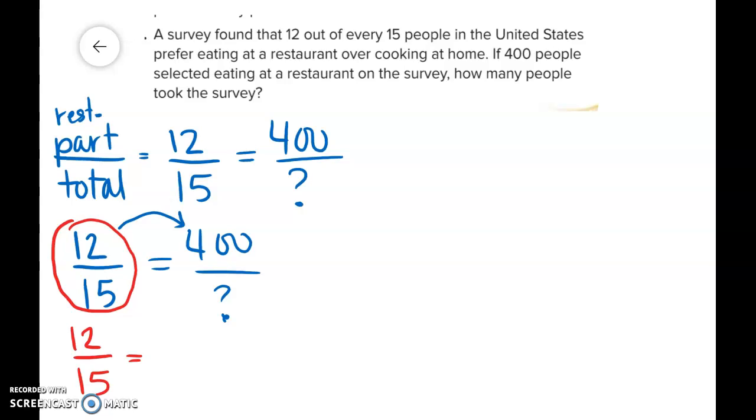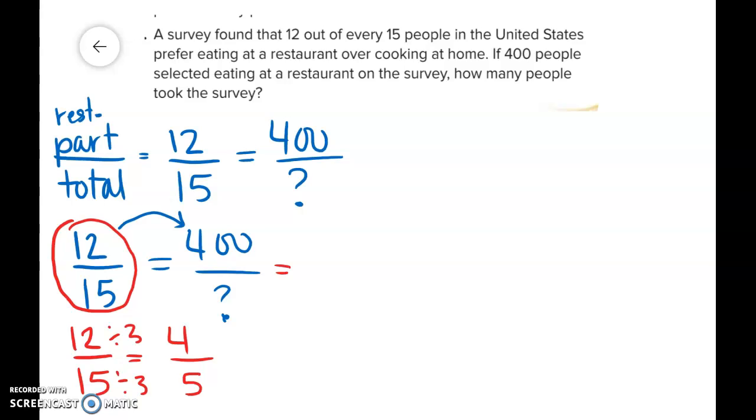I can divide both of them by 3. And if I do that, 12 divided by 3 is 4, 15 divided by 3 is 5.